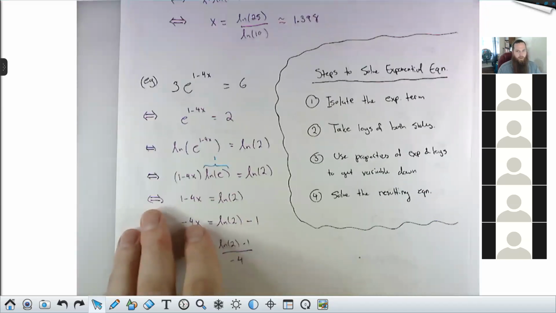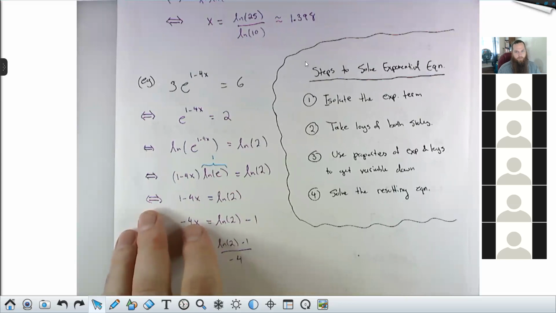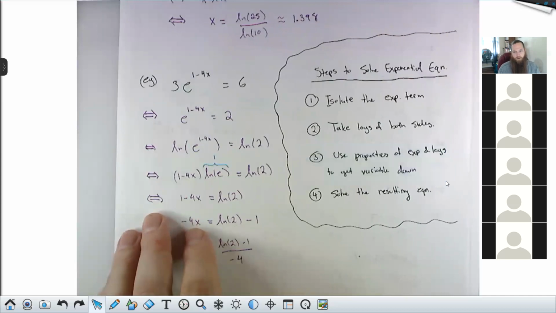Do whatever you have to do to isolate the exponential term. Like in that last one, we had to substitute, then factor, then set each factor equal to 0, then substitute back, then take logs of both sides, then use your properties of exponents to get things non-exponential, right? Bring your variables down, and then solve the resulting equation. This is always how it's done.